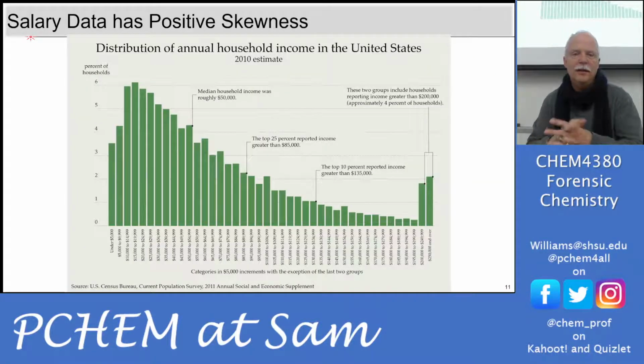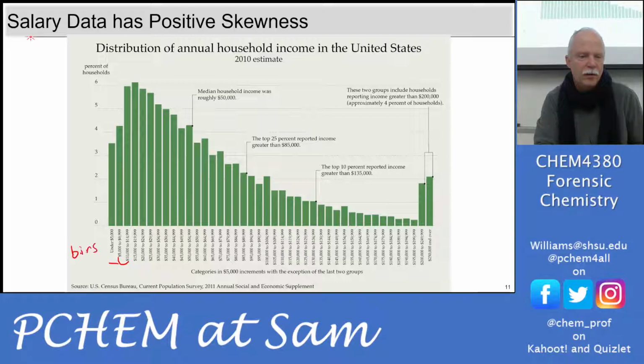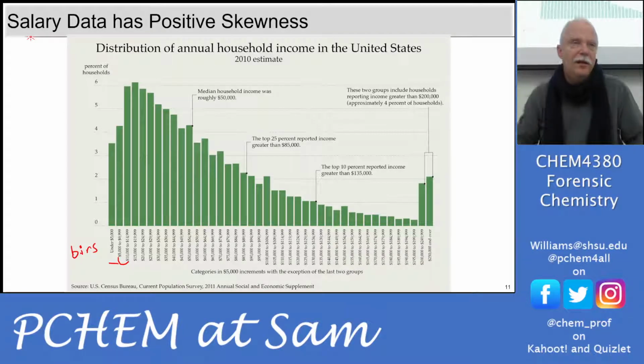Here's the salary data. I just went on Google and typed in, distribution of household income, and this is what I got. Now this is a histogram. Let's dig into what we have here. These right here are called bins. We take all of the salary numbers, and of course, some of those have decimal places, they're down to the penny, right?